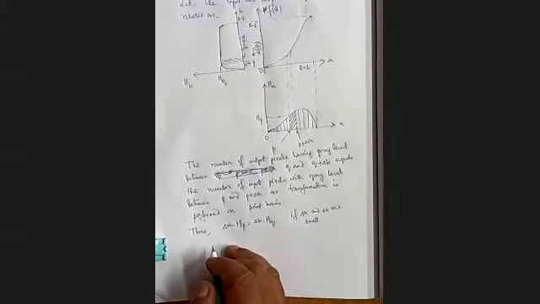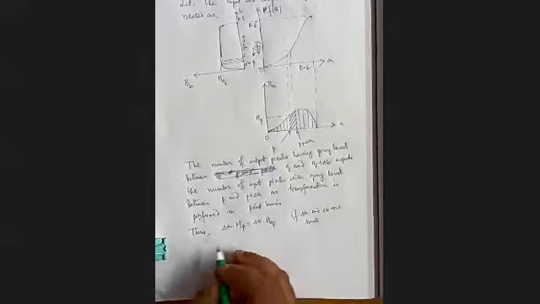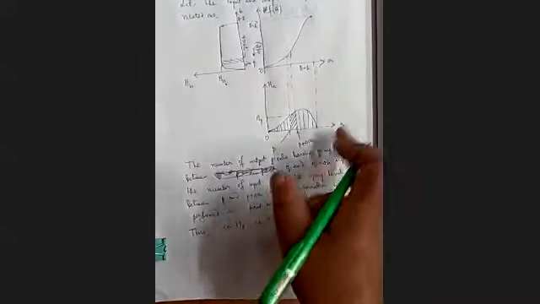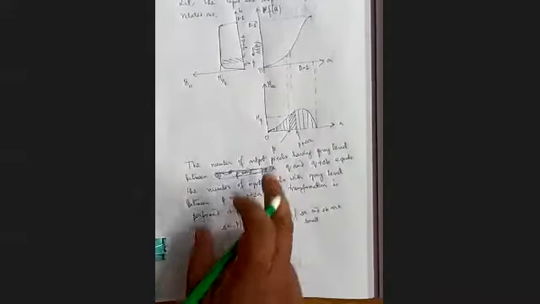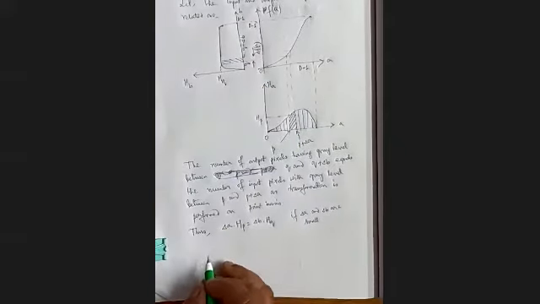Now, we want to improve the histogram so that the output histogram will be something like a flat image.